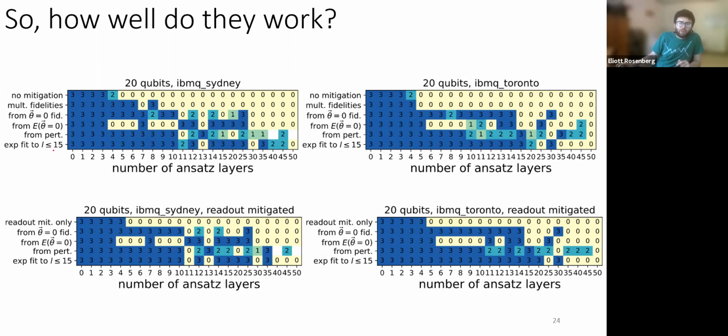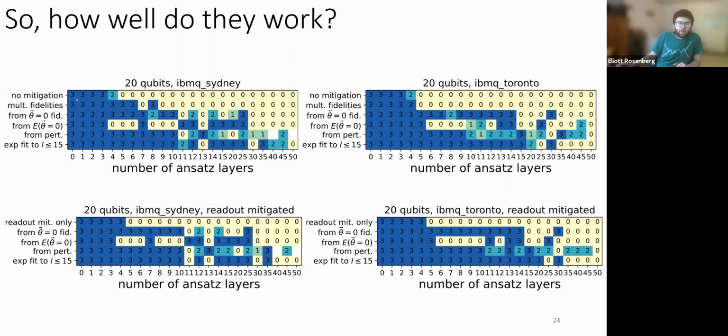So 3 means that, yes, we succeeded in getting within 10%. 2 means that it wasn't statistically significant to 1 standard deviation. 1 means that it wasn't statistically significant to 2 standard deviations, and 0 means that we failed to mitigate it to within 10%.